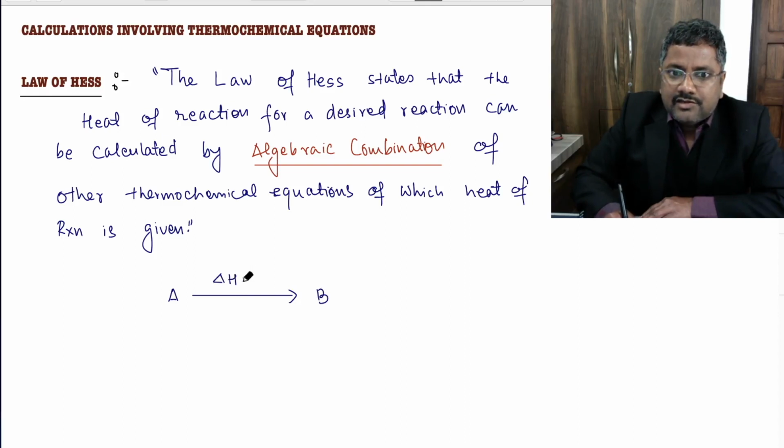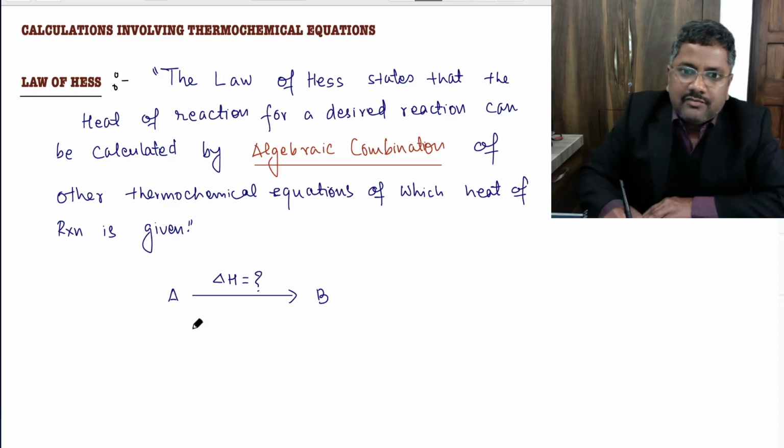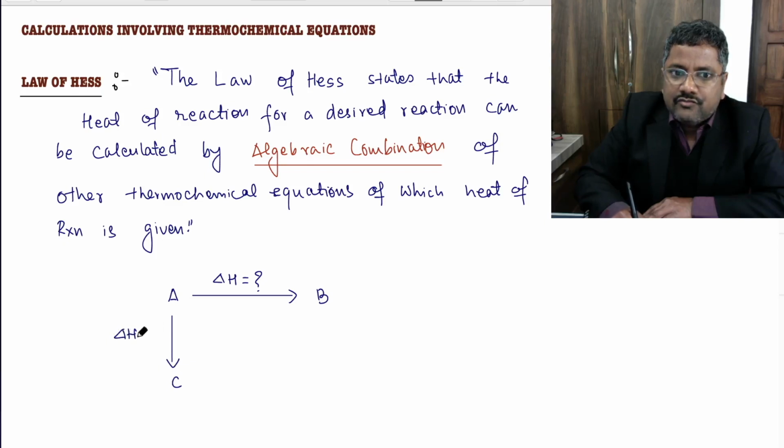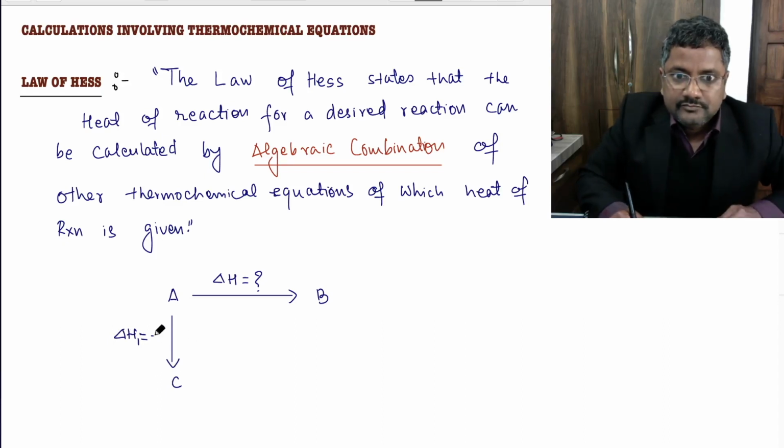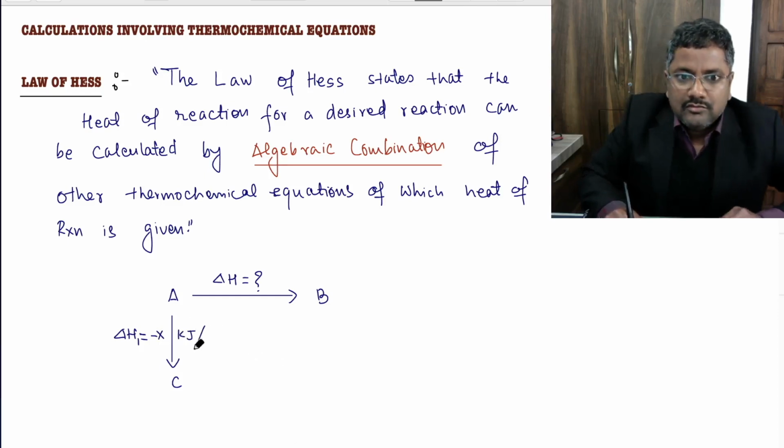for this conversion, but directly no information is given for this. Some other information is given, like A to C is given, that here delta H1 is minus X kilojoule per mole.